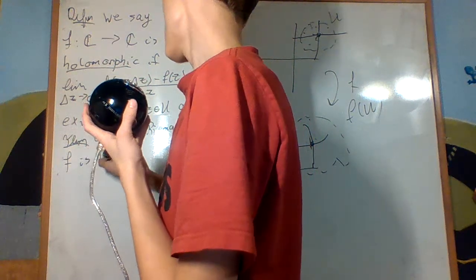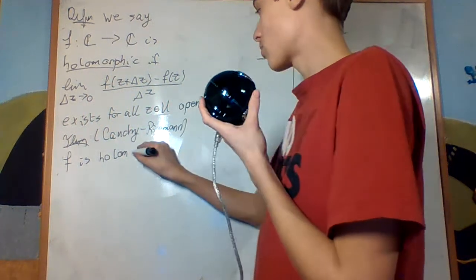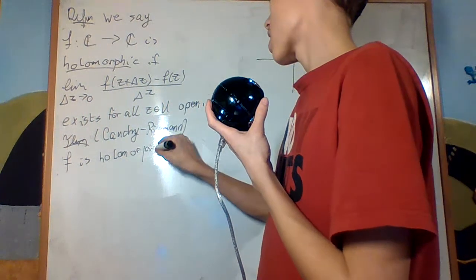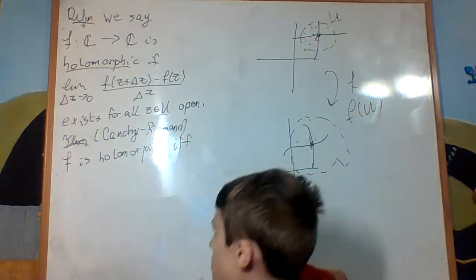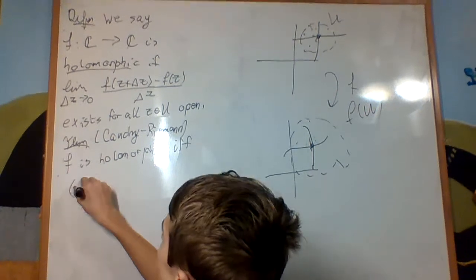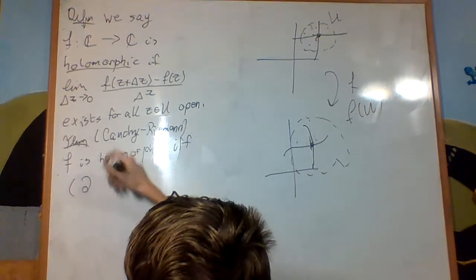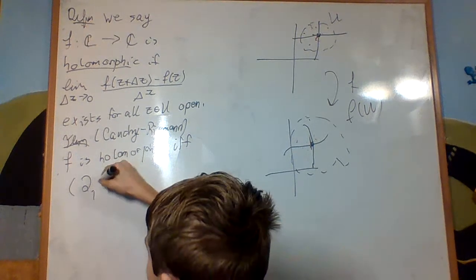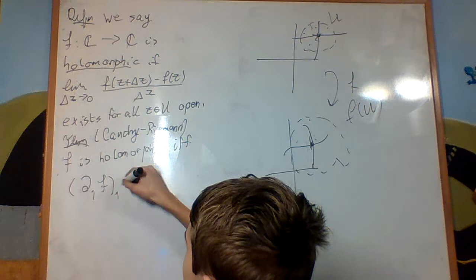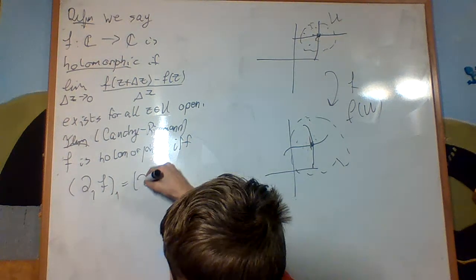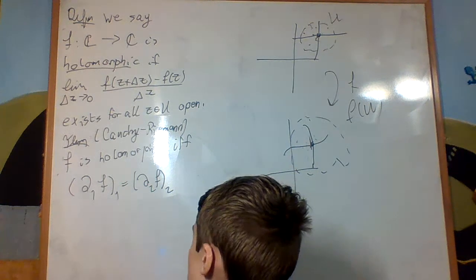Okay, so f is holomorphic if and only if the partial derivative in respect to the real part, the first component of f, the first component of that is equal to the partial derivative in respect to the second component of f, second component.